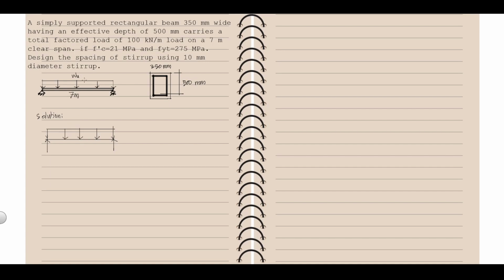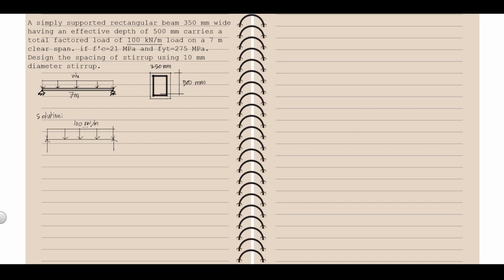Okay, so that is WU, sabi niya dito, factored load. Okay, so ibig sabihin, no need for us to multiply it by 1.2 or 1.6. So therefore, automatic na po na 100 ang ilalagay natin dito kasi factored na yan.